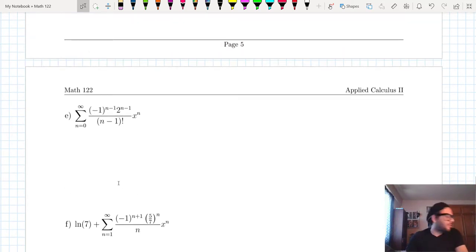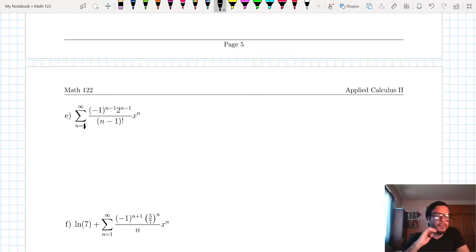There's something kind of weird going on here. Number one, there is another silly typo here that I needed to fix. Hopefully on your paper it is fixed. This is supposed to start at 1 originally. Now, what are we going to do here?